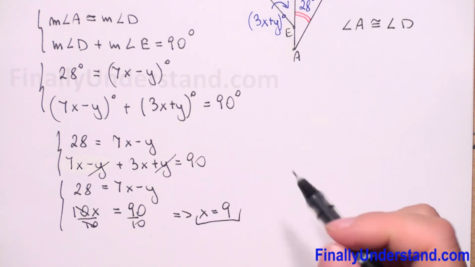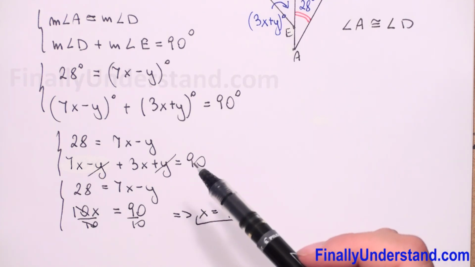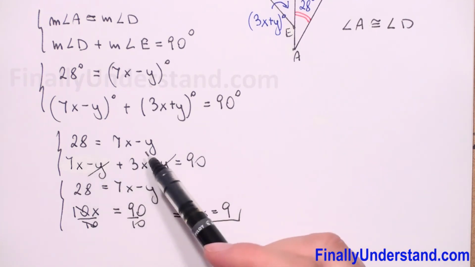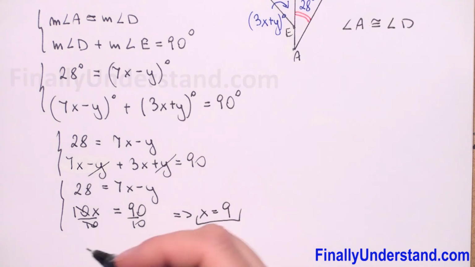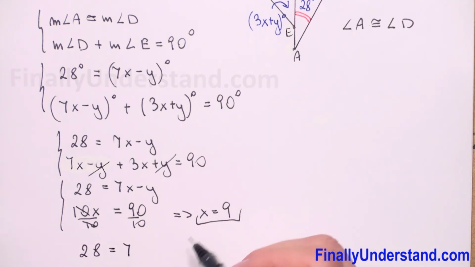Now we have to find y. We can substitute x into the first equation. So we have 28 is equal to 7 times 9, x is 9, minus y. So we have 28 is equal to 7 times 9, which is 63, minus y.